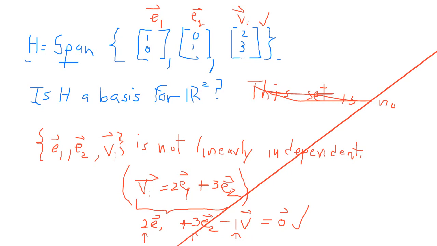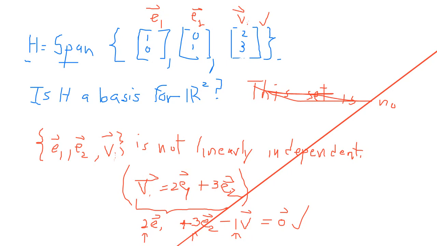And so by definition, the set of vectors is not linearly independent. The set of vectors E1, E2, and V is linearly dependent. And that means that it cannot be a basis for R squared. Think of it like this. Do we have too many vectors?